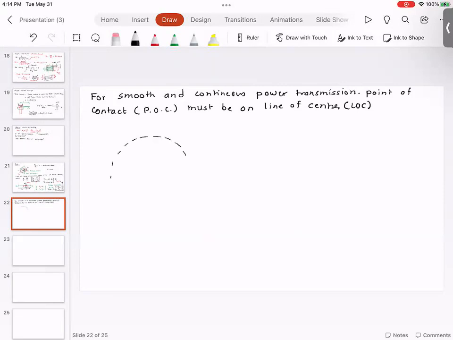Now what that means is, if you have a big gear and that is meshing with a small pinion, then you want to cut the teeth in such a way that at the interface, the point of contact should be on the line of centers.